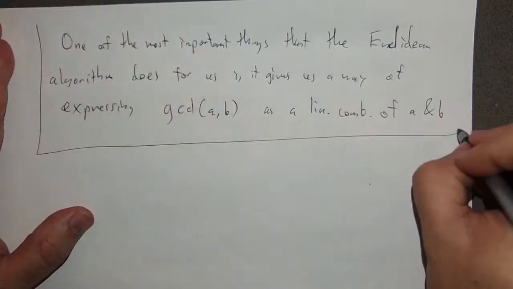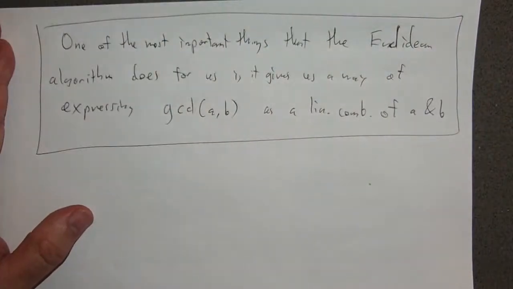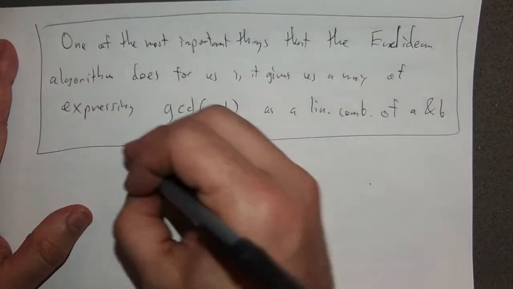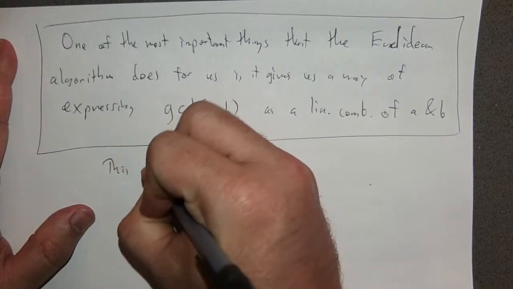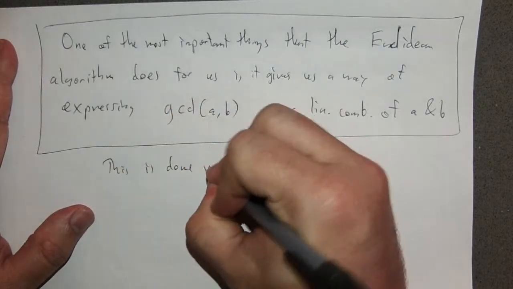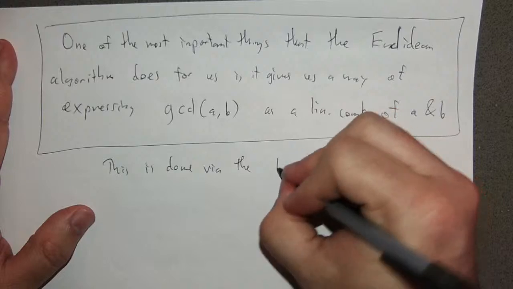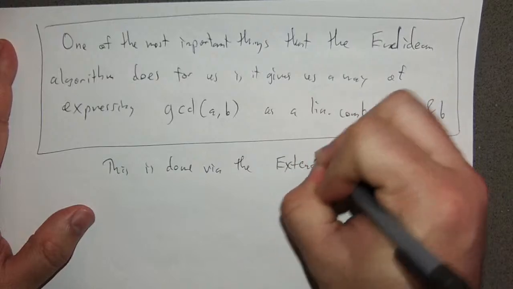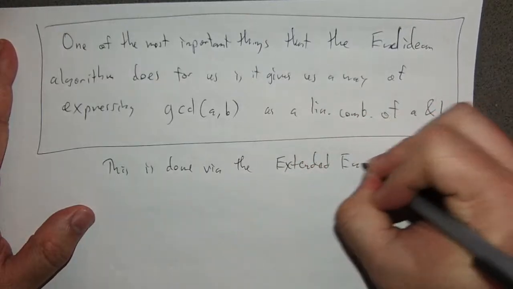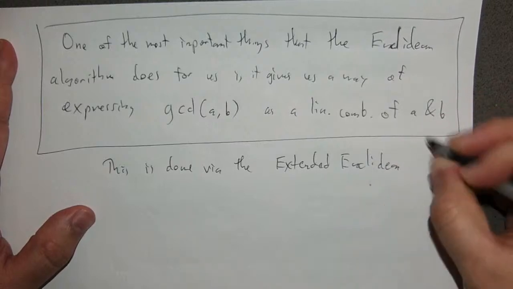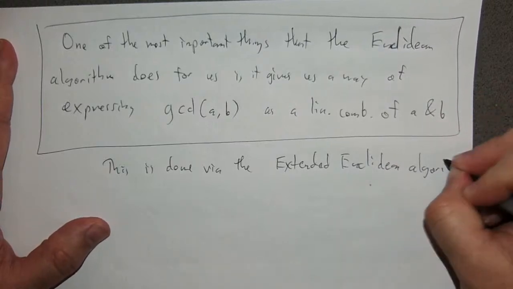So this is an important thing. The name of the method by which it does this is the extended Euclidean algorithm, which is what I'm about to discuss now.